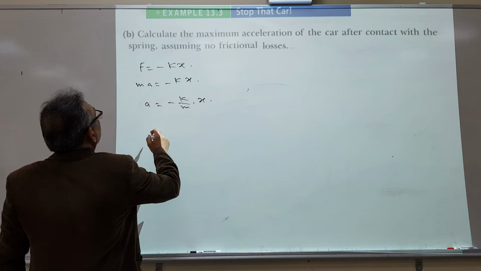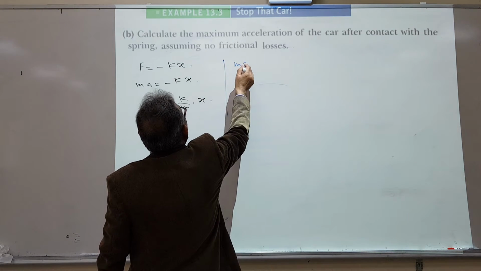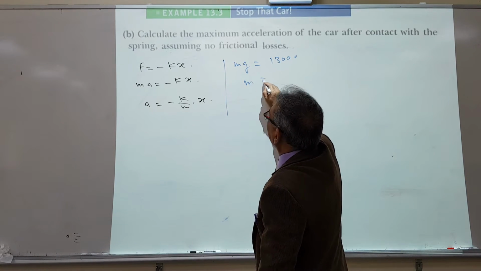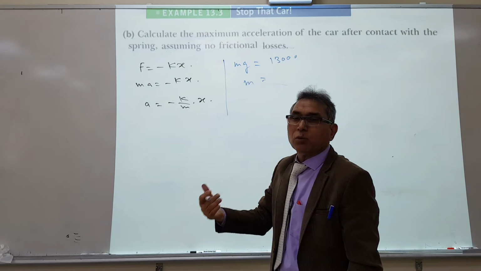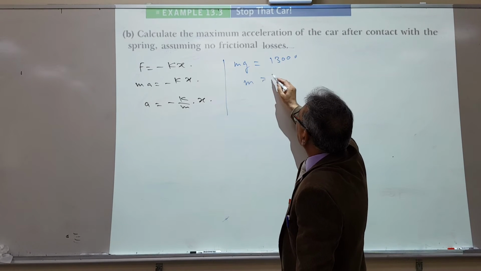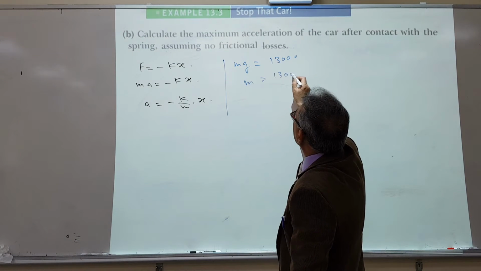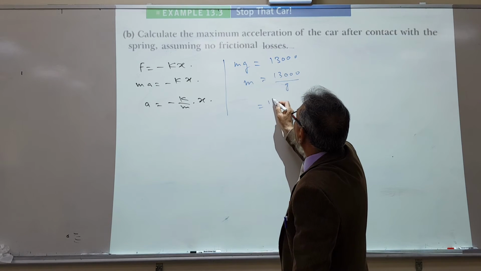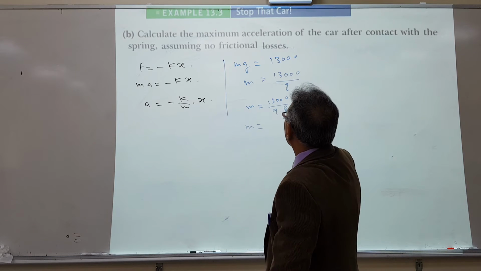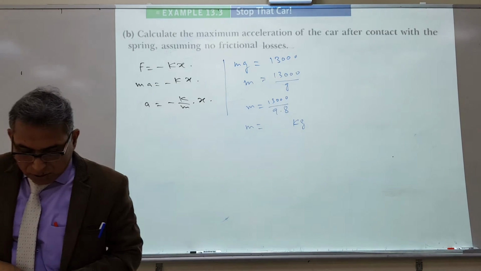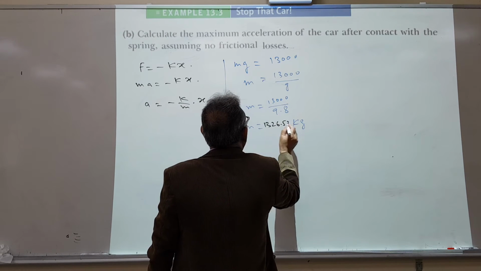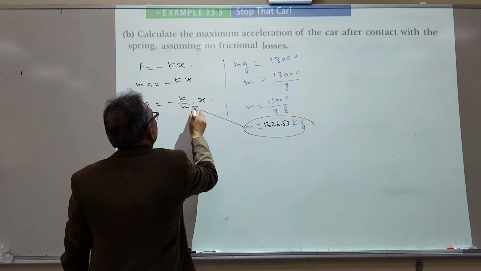Now, you are given mg. Can you find out the mass? Again, there is more than one correct formula and method to do the question. So m you will get, and this mass I'll be using over here.